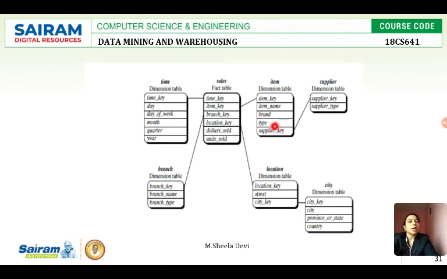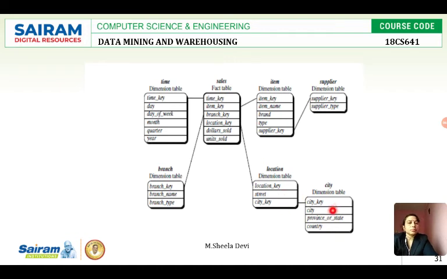So under this item key, how many dimension tables do we have? According to this, we have 2 dimension tables. So we have 2 levels of dimension table for the dimension item key. So we have a number of levels of dimension table for every dimension in the fact table. See the next one, the location key. The location key is one of the dimensions in the fact table sales. For this location key, we have the dimension table with its own attributes: location key, street, city key.